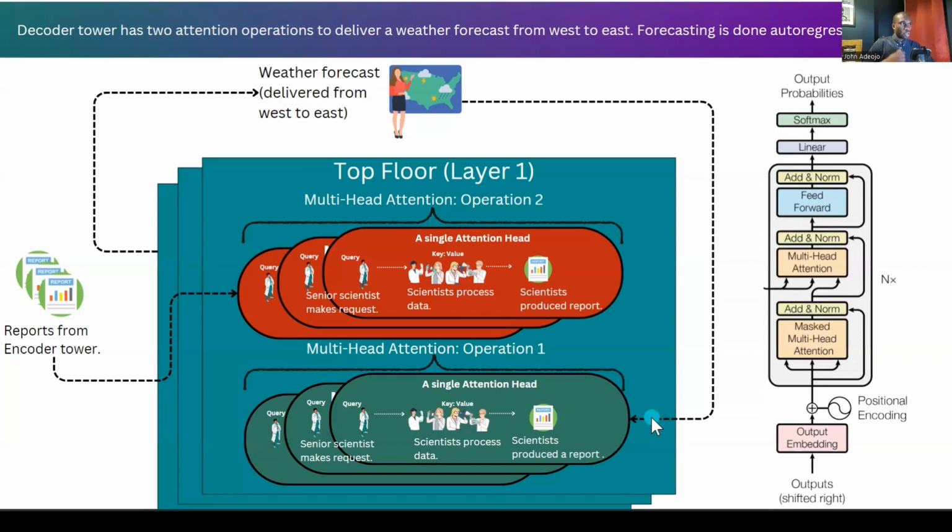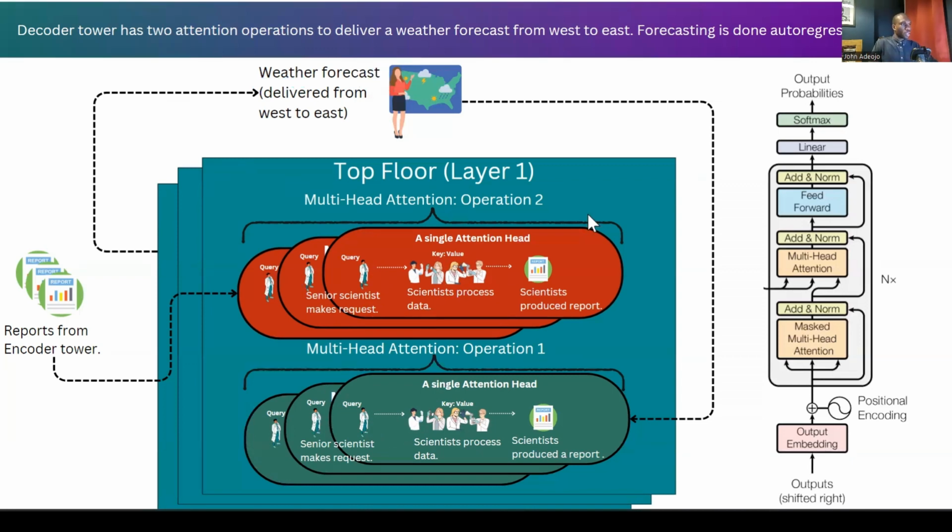So that's fed back into the first attention operation, which then processes it with its many scientists as well, just as competent as the other scientists in the encoder tower. They're processing that, and there's multi-head attention there. And then the output of that is fed forward into the second attention operation, and that's processed downwards through the tower again, okay?